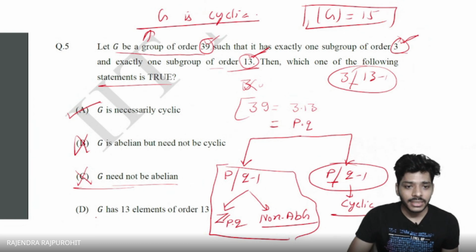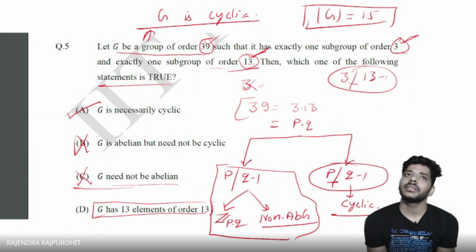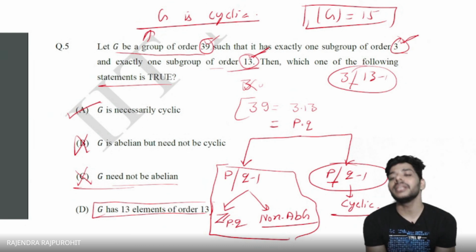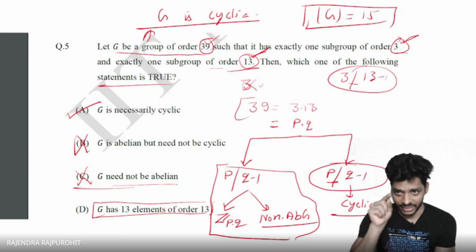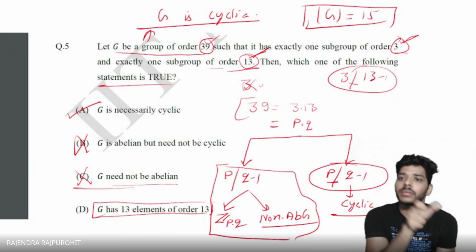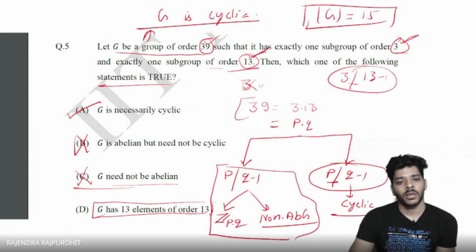Okay. G has 13 elements of order 13. See, if you have one element in a group, then that element must come with its inverse. Okay. Every element must have an inverse.